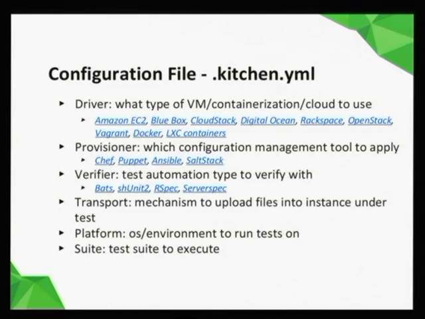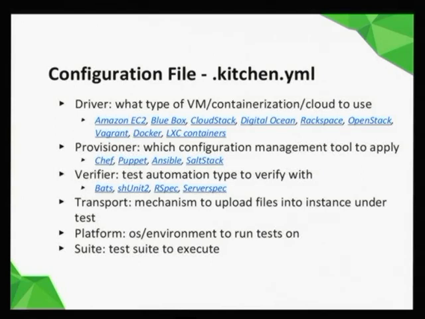It supports Chef out of the box, but it also has external modules which support Puppet, Ansible, SaltStack, and maybe something else. New ones are emerging from time to time. And the verifier also supports, out of the box, popular shell testing frameworks and RSpec, one of the most popular frameworks in the Ruby community, and an extension of it called Serverspec for infra testing.